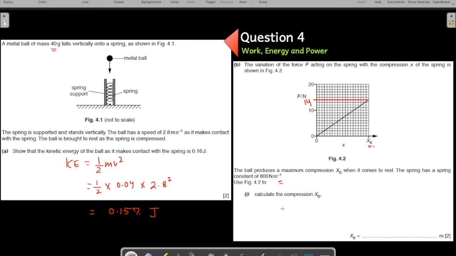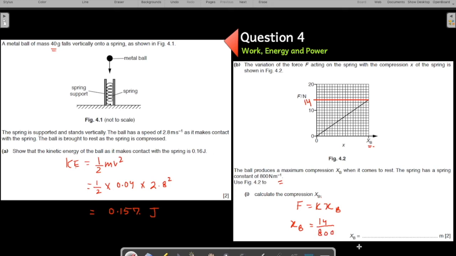So which formula do you recall that you think you can use here? It is the equation of Hooke's law. F is equal to Kx. Here the compression that we are talking about is XB. So what is XB? The force which is producing this compression, which is 14, divided by the spring constant, which is 800.